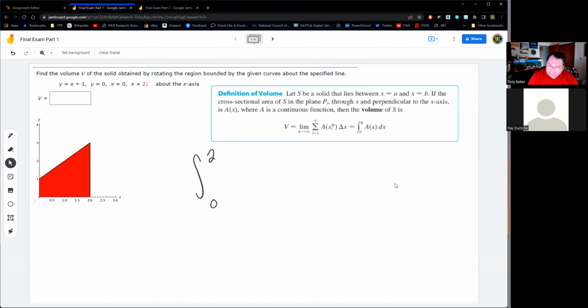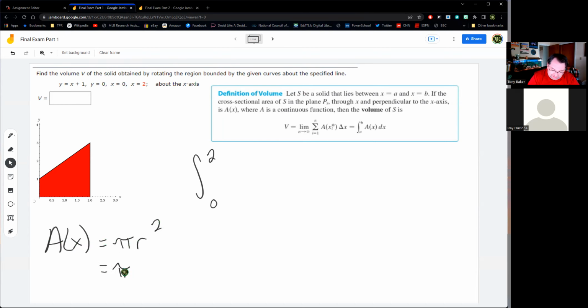The area formula for this one is a circle, so it's pi r squared.